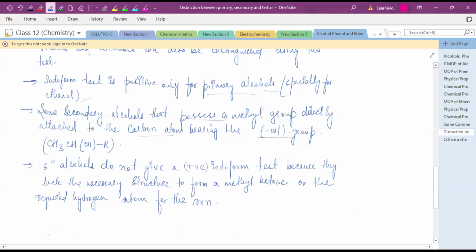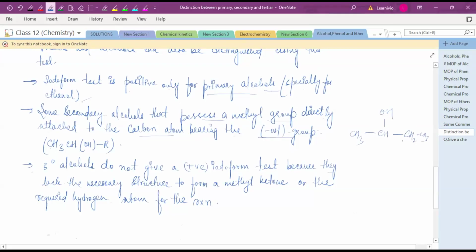Okay, so if it is a secondary alcohol, suppose we have any R group, just a second. Suppose we have a CH2, CH3 group, and here a CH group and OH group is attached, then CH3. Just analyze this alcohol, whether it will give the iodoform test or not.